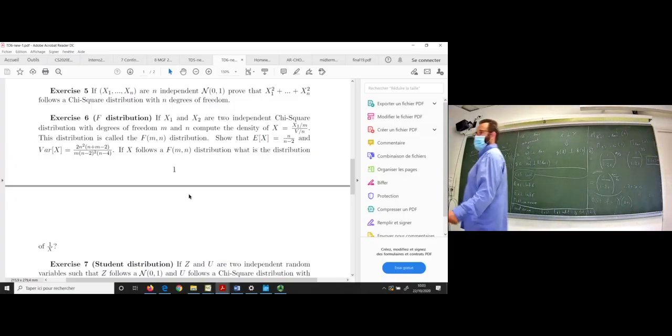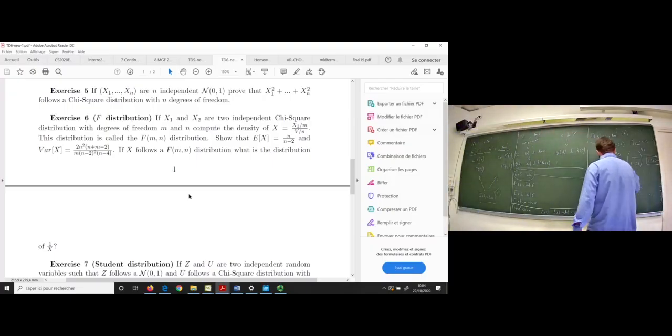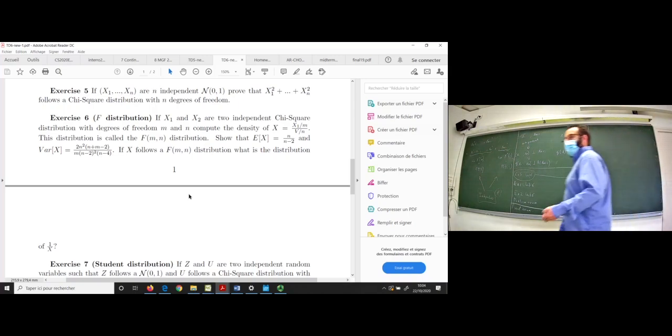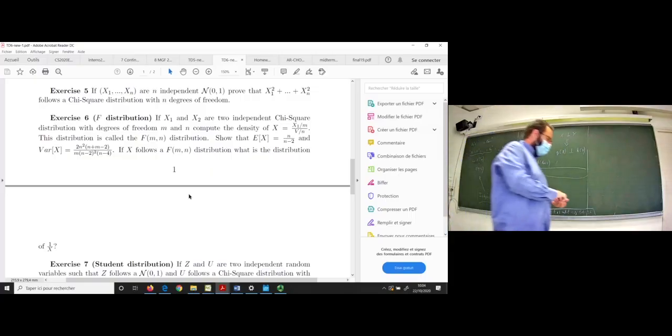So, I repeat, are you okay with this computation here? Not that complicated, I think. So I erase, and I do a remark. What is the answer to the following question?